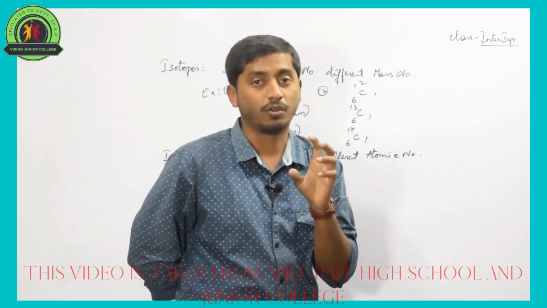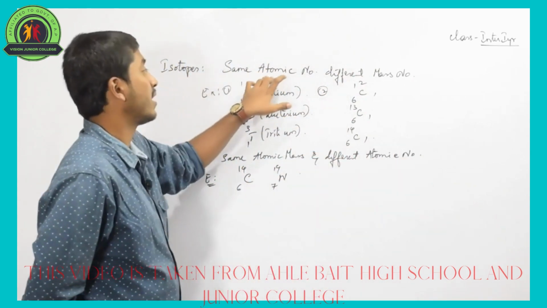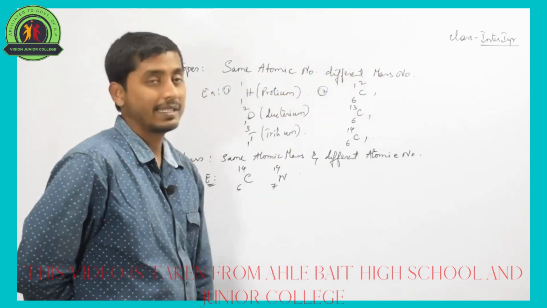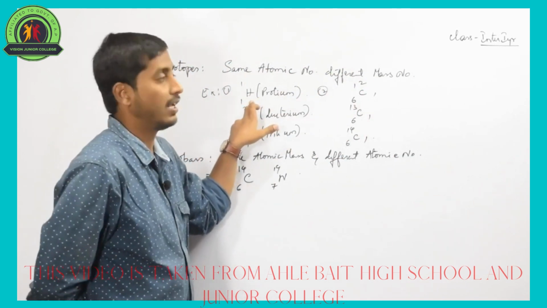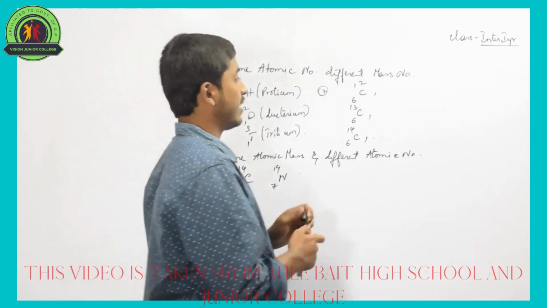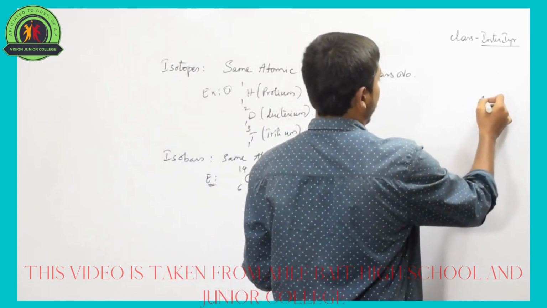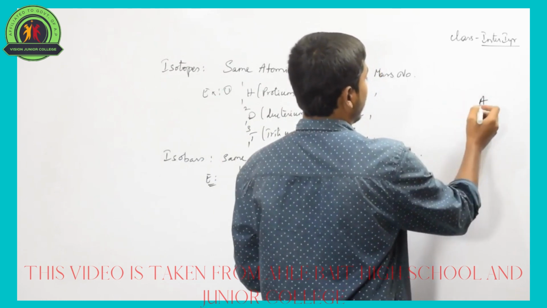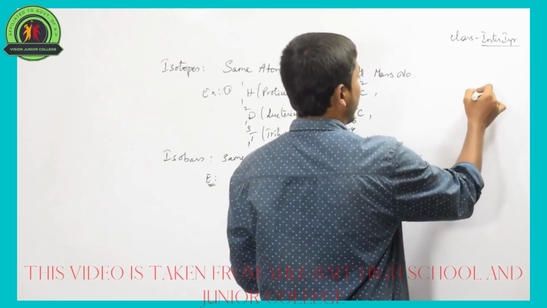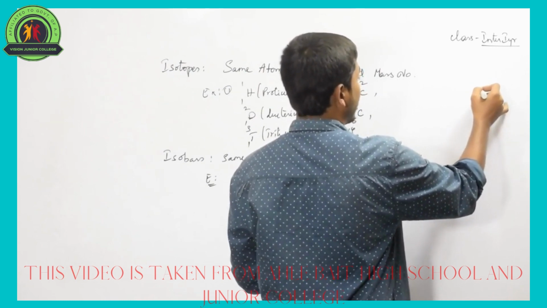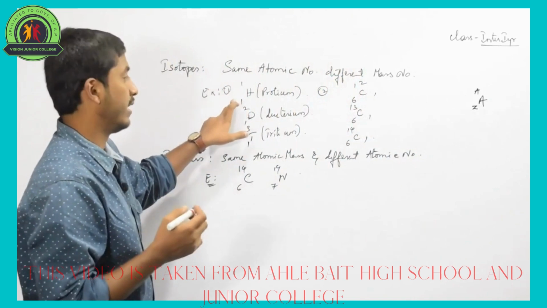Remember, isotopes are two different atoms having the same atomic number but different mass number. One of the examples is the hydrogen atom. See here, if there is some atom A, its atomic number is written at the bottom and its mass number at the top. That is how we describe it.